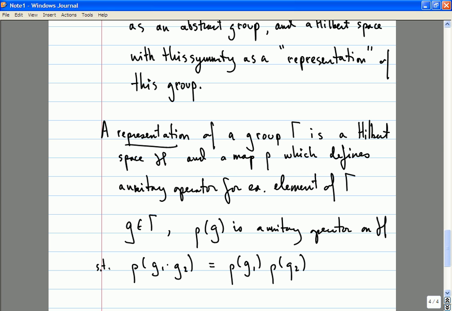So all that means is that these unitary operators obey the same group multiplication law as our group gamma.